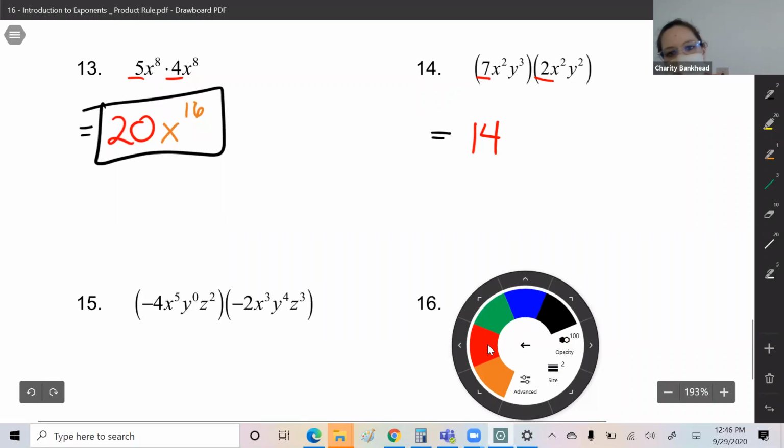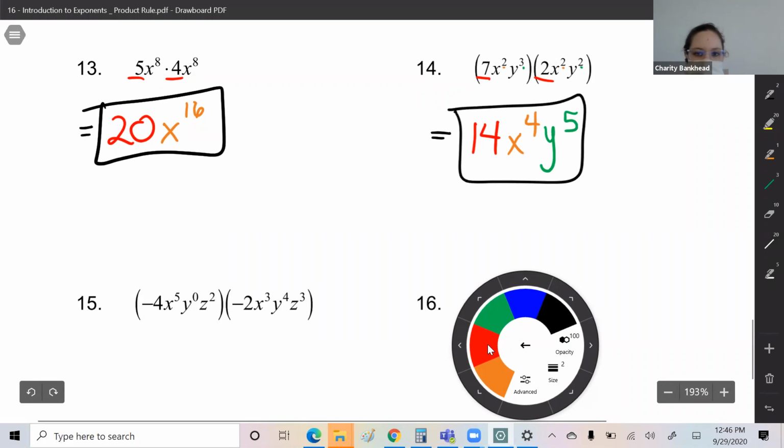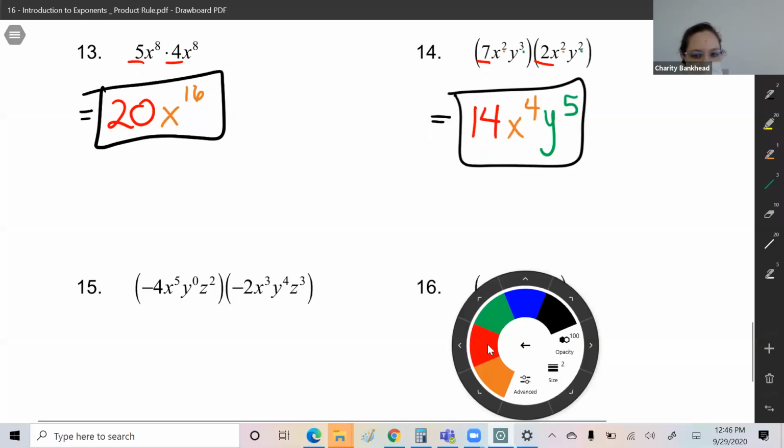And then 2 plus 2 is 4. So that'll be x to the 4th. And then 3 plus 2 is 5, so y to the 5. So 14, x to the 4th, y to the 5th.